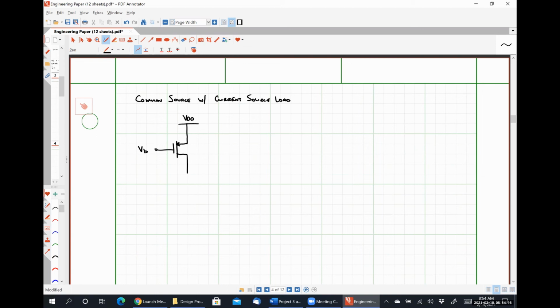VB here just stands for a particular bias voltage. I'm going to call this transistor M2. I'm going to take my output at the drain of transistor M1.